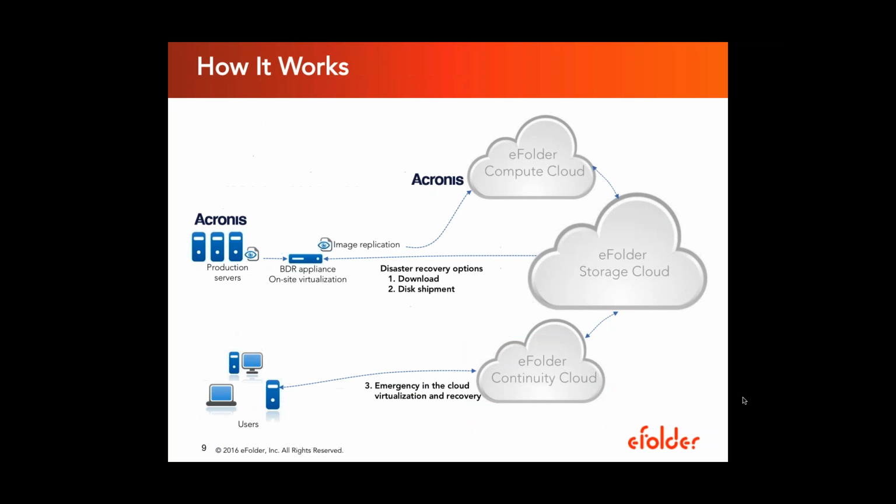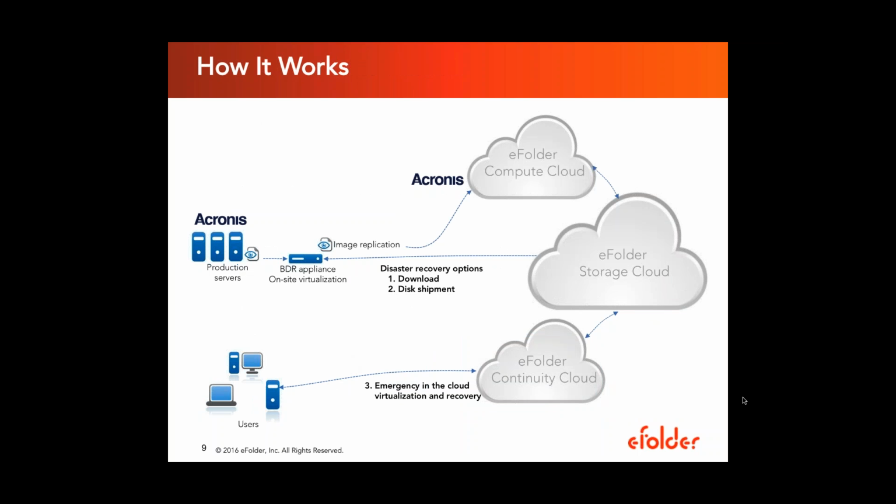Now, this is an interesting diagram in terms of how it works. And Josh, since we have you here, if you wouldn't mind, can you walk us through how BDR for Acronis works? Sure. So in a normal best practice deployment, you're going to have your protected machines backing up to an on-site appliance for local virtualization and accessibility to data.